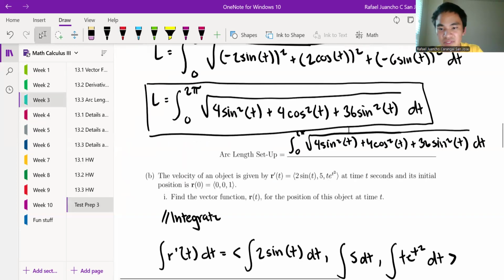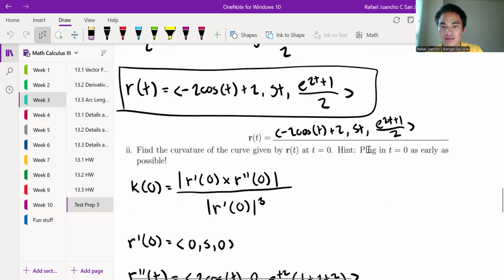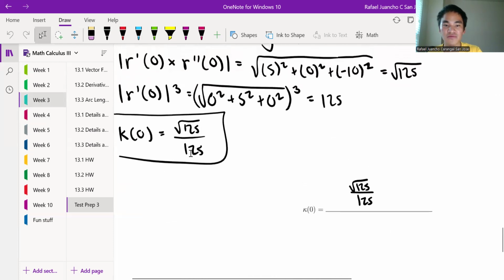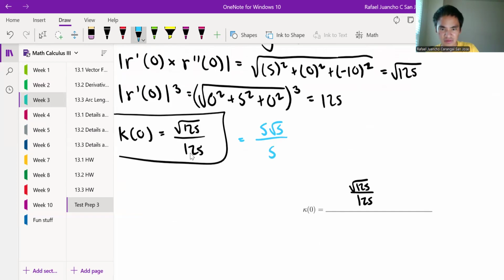Let me see what I got previously. Yeah, it's the same. Square root of 125 over 125. So that's just again 5 square root 5 over 5 cubed. I get to cancel. This is square root of 5, and this is 5 squared, which is exactly the one we got.